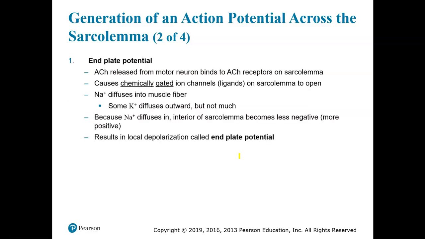Okay, the only thing here I want to mention is that depolarization of the sarcolemma occurs because sodium diffuses into the sarcolemma.